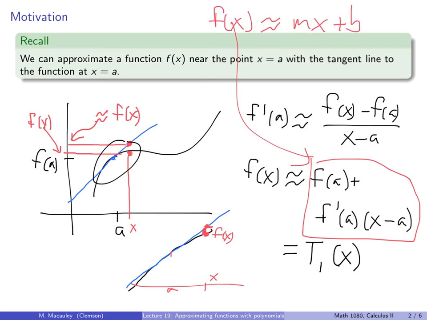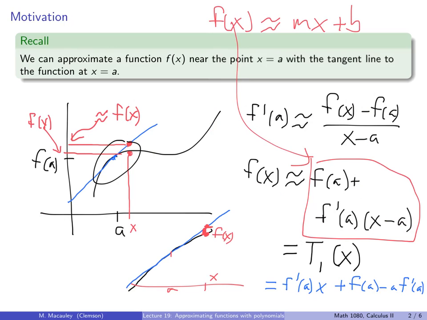If you collect terms, this is equal to f prime of a times x, which is your m times x, and then what's left over? We have f of a minus a times f prime of a. So notice this is my mx and this is my b.